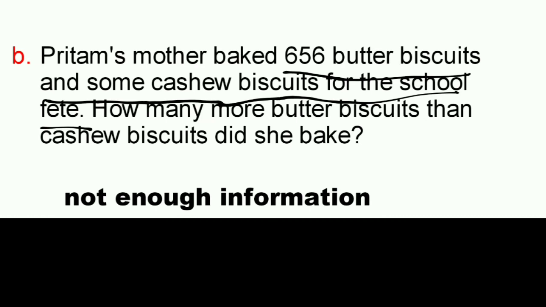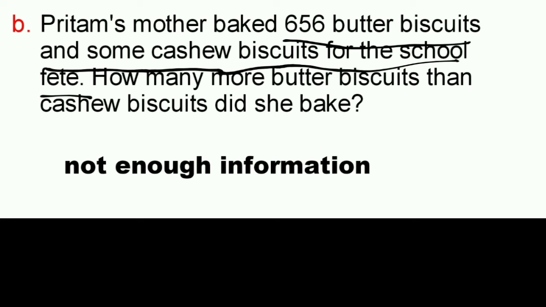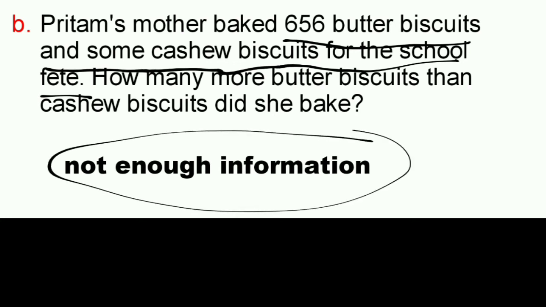It means in this one, the information is not enough. Clear? So the answer we will write is "not enough information." Why? Because we have only one thing, that is the butter biscuit quantity, and the cashew biscuit quantity is not mentioned there. So that's why the information is not enough.